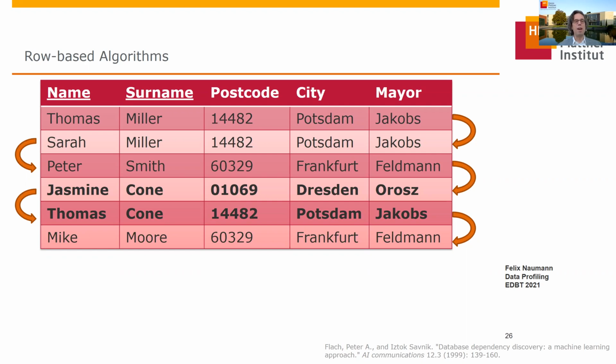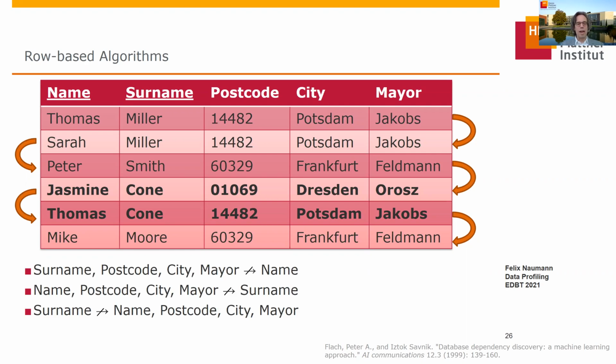And for each pair, they check which functional dependency is violated by that row. Right? So you look at, for instance, the highlighted rows with Jasmine and Thomas towards the bottom, and they have the same surname, but different names, postcodes, etc. So you know surname cannot determine name, postcode, city, and mayor. Right? And if you look at all pairs, you know everything that cannot be true.